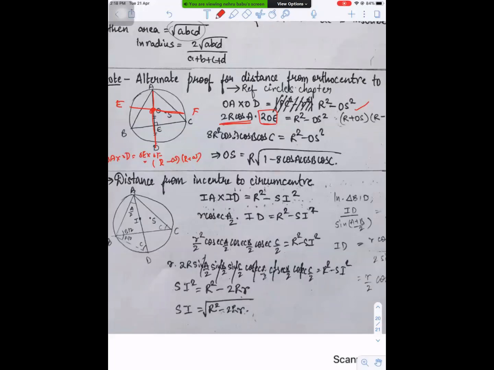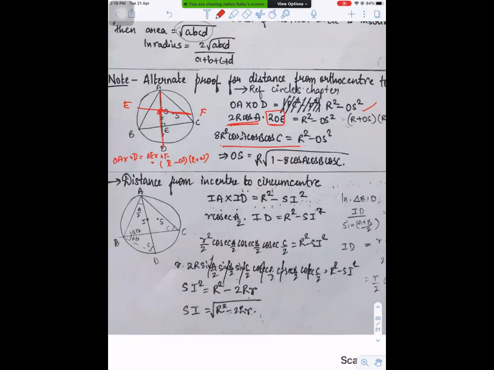And OE means orthocenter to BC distance, which is exactly equal to 2R cos B. So by using that, I got 8R square cos A cos B cos C equal to R square minus OS square. That implies OS equal to R into this.